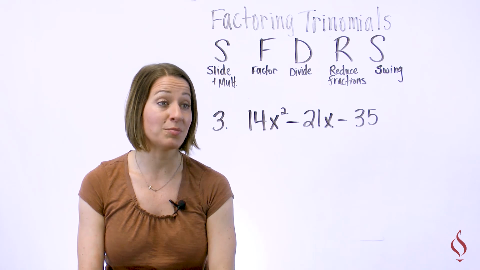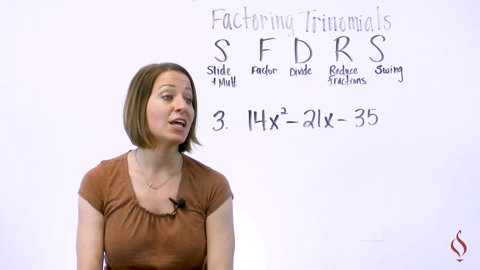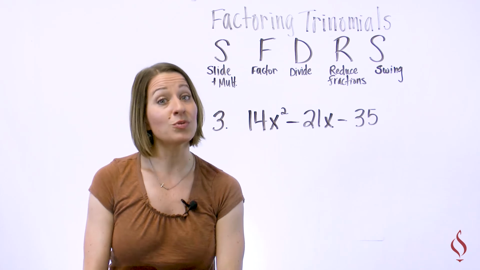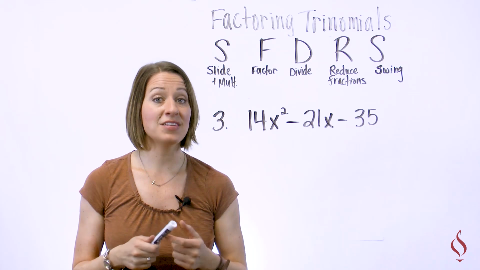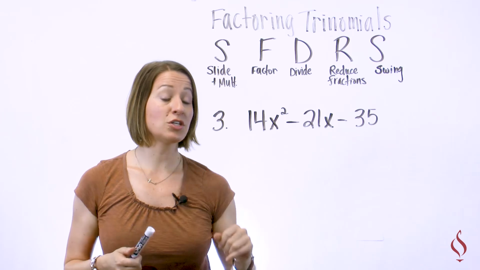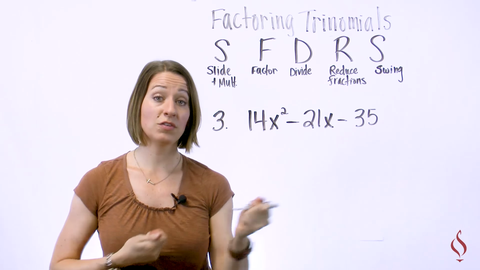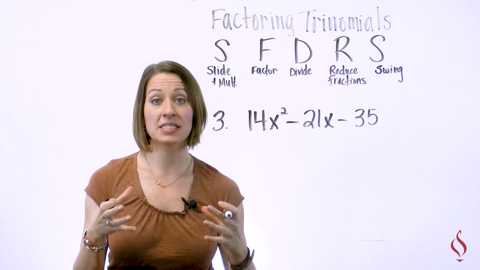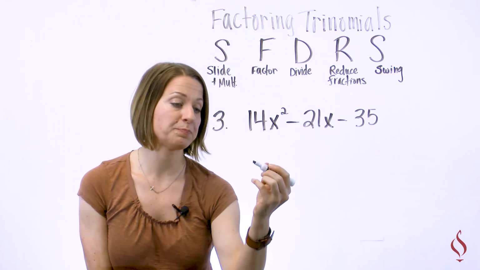So if you look at these numbers, the coefficients are 14, -21, and -35. Those are all multiples of 7. And so 7 is going to be our common term. And then even though 2 of the terms have x for the variable, since that last one does not, we can't use x as a common factor.